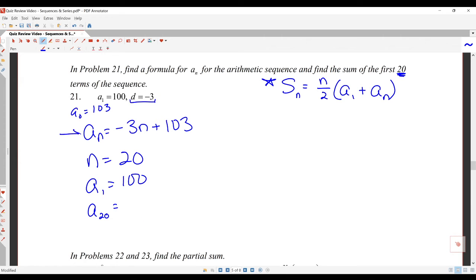Well, again, I have a formula that gives me any term you want. So if you want the 20th term, just plug 20 in. Negative 3 times 20 is negative 60. Negative 60 plus 103 is 43.